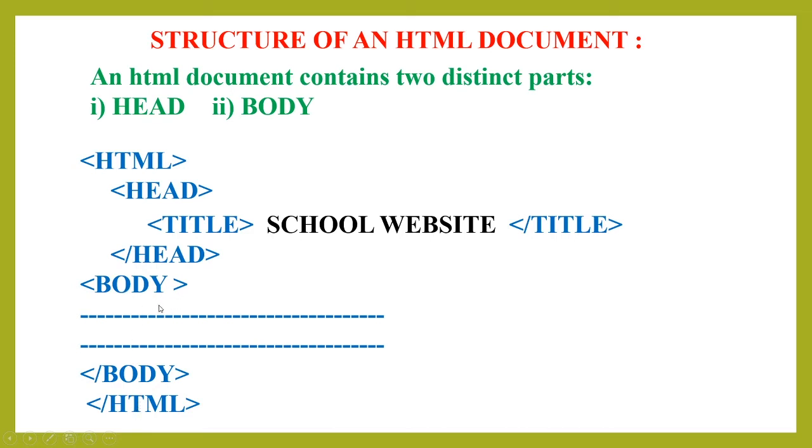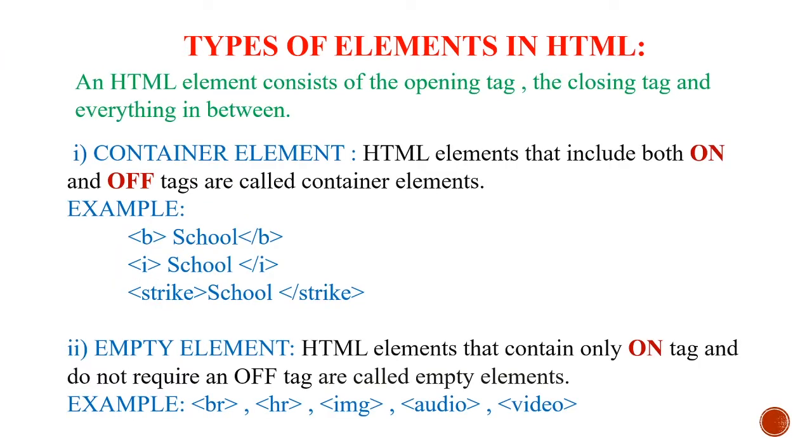Before discussing the structure of an HTML document, let us first learn the different types of elements or tags in HTML. HTML elements consist of an opening tag, the closing tag, and everything in between the opening and closing tag.